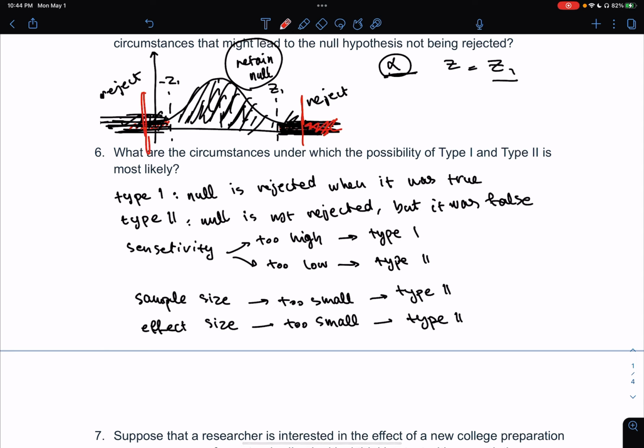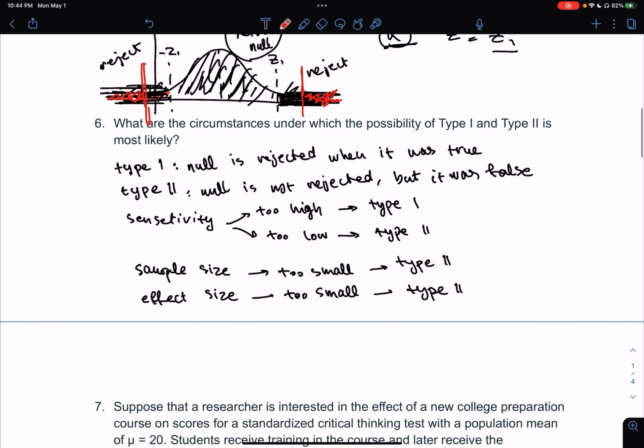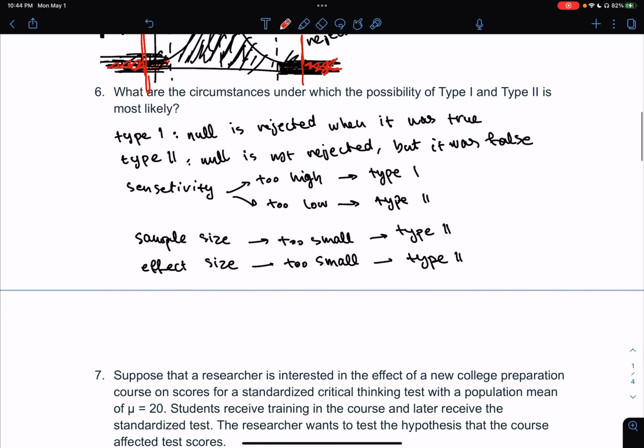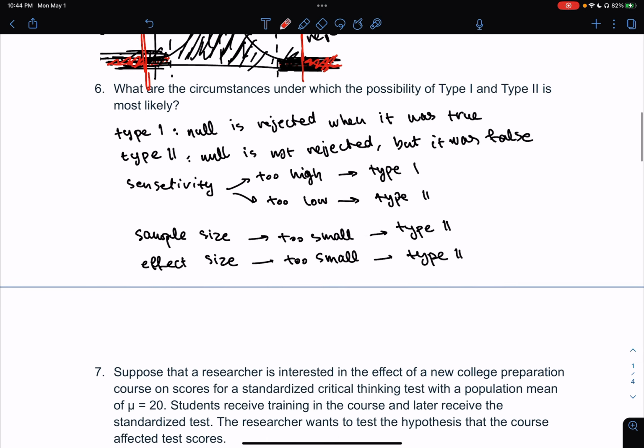This will be the area that will reject the null, and therefore we are more likely to not reject the null because the rejection area is smaller. So this is how sensitivity can influence, and then we have the sample size.